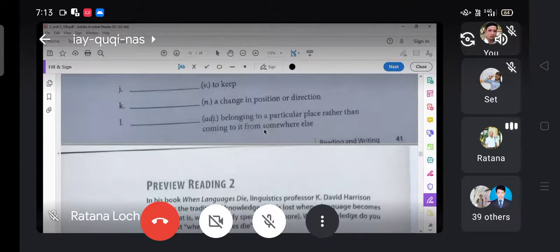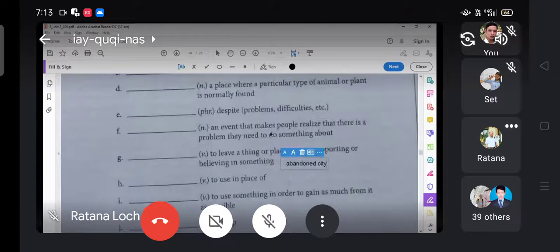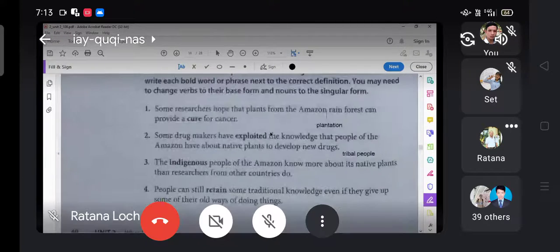Okay, last one. Belonging to a particular place rather than coming to it from somewhere else. We only have one left, right? Number 3, here.